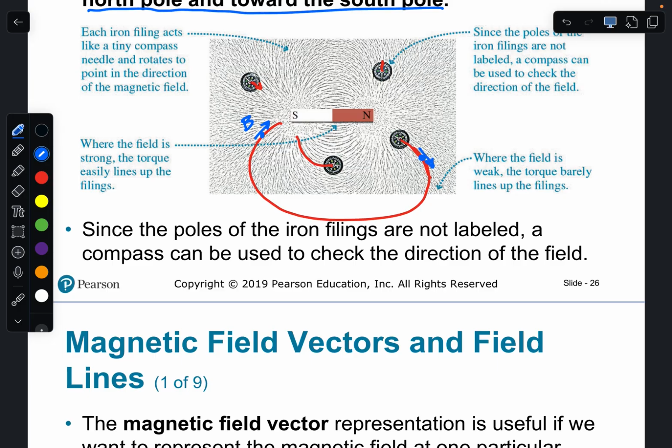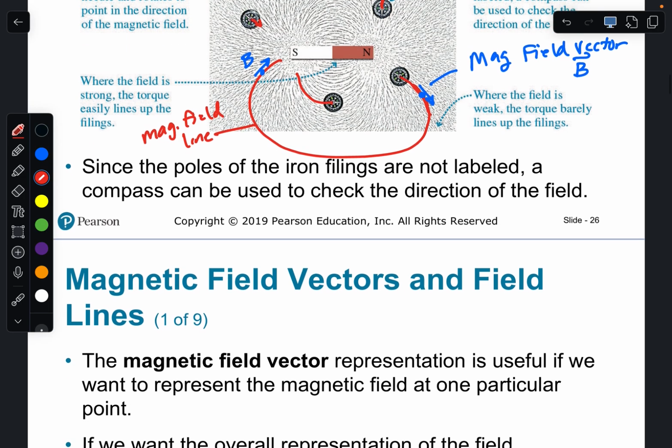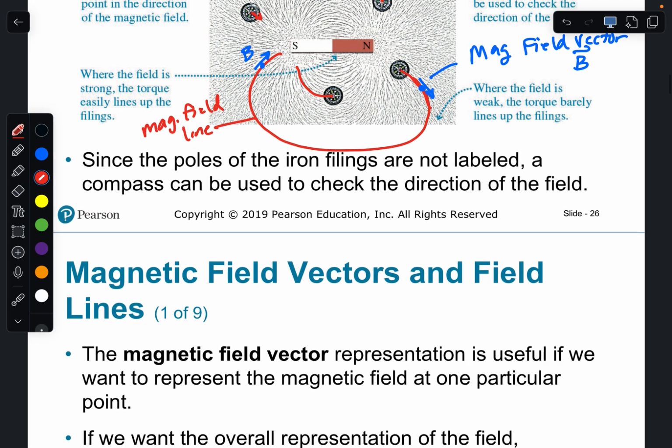If we wanted to know the magnetic field at that exact location, it would be the vector that is tangent to the curved arc, which is the magnetic field line. The magnetic field vector is always tangent to the magnetic field lines.